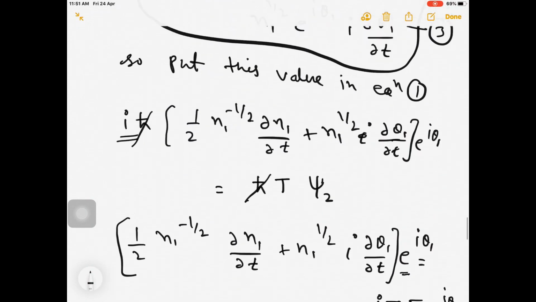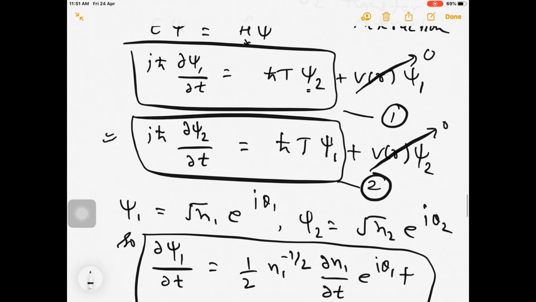Here you can see in equation second, this is equation second.